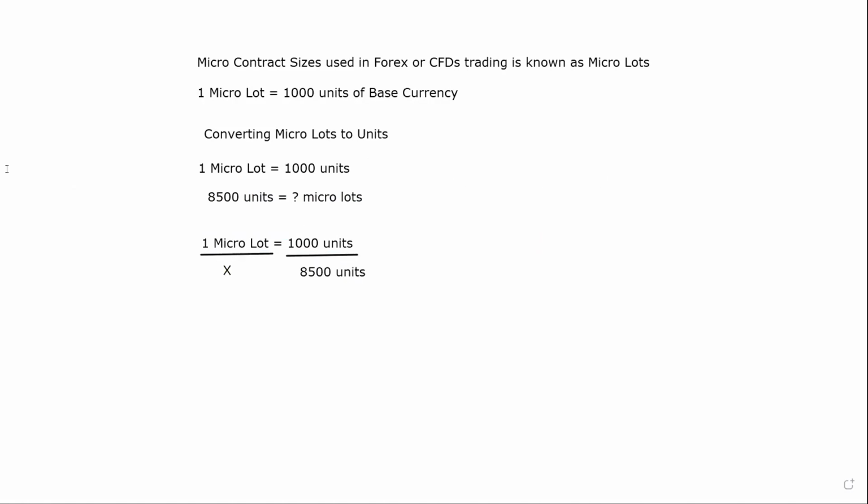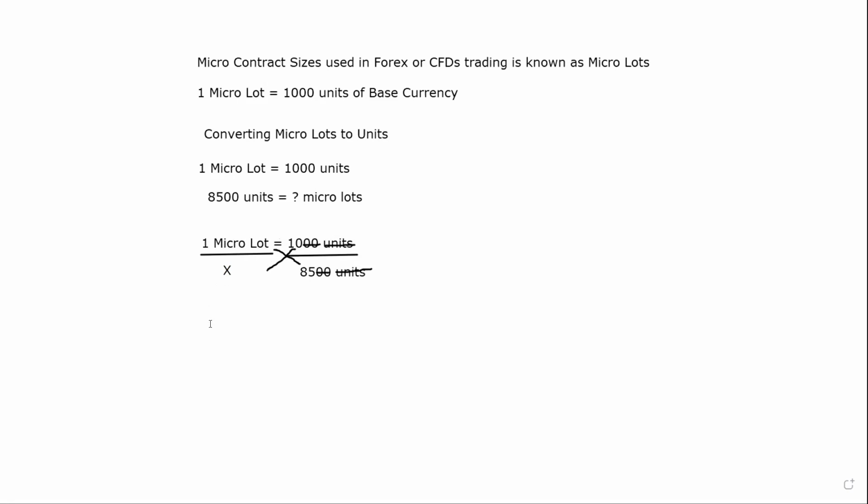Okay, so first of all, we're going to apply the rule of division. So units and units will cancel out. 0 and 0 will cancel out. Now it's 10 upon 85, 10 divided by 85. So we're going to perform the cross multiplication.